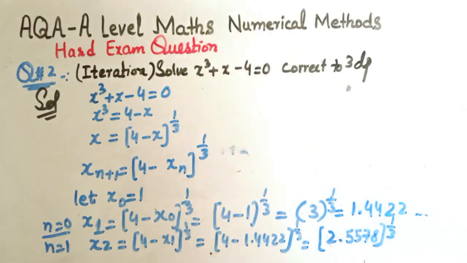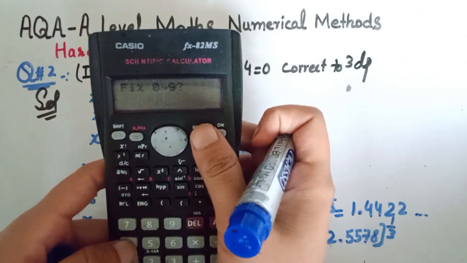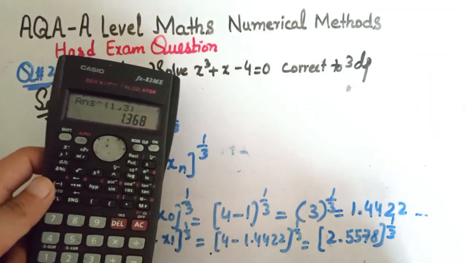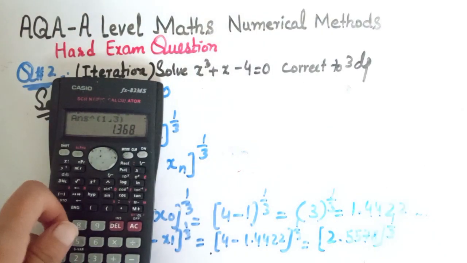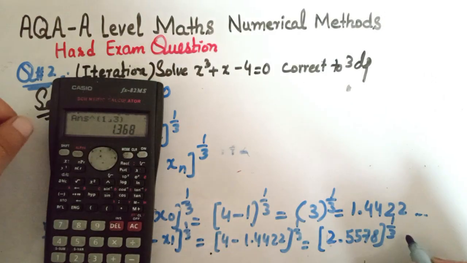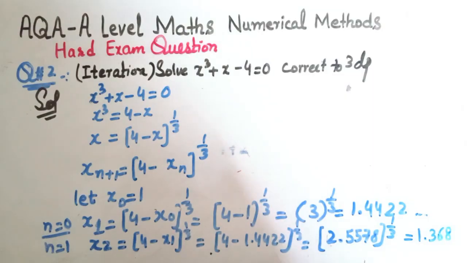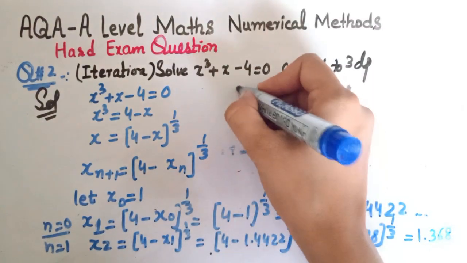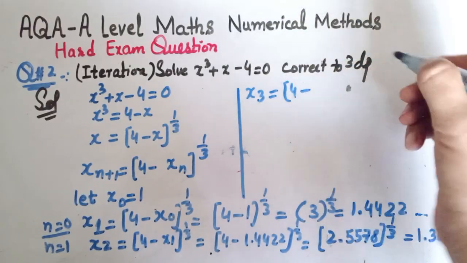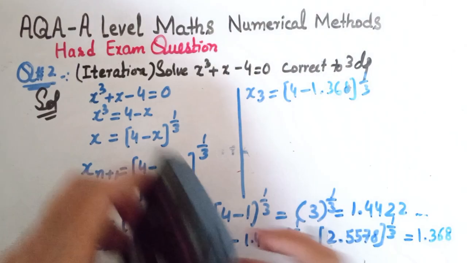So we have fixed the calculator to 3 decimal places. So this is 1.368. We will write this value here. Now again we will solve this and get x3, that equals 4 minus 1.368 and its power is 1 by 3.